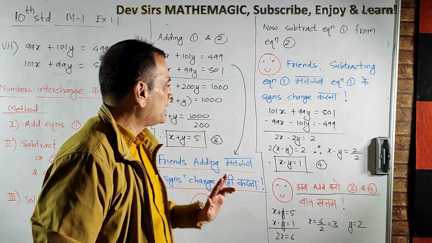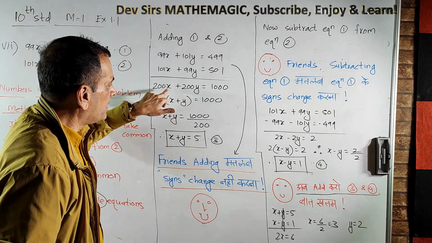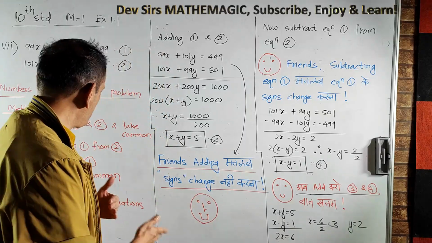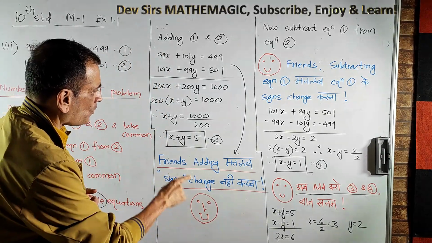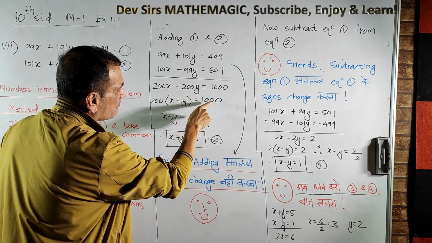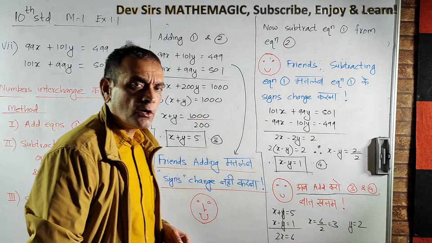Always there is something common. 200 common. So after adding both the equations, take something common. So 200 is common. In brackets x plus y equal to 1000. Take 200 common.